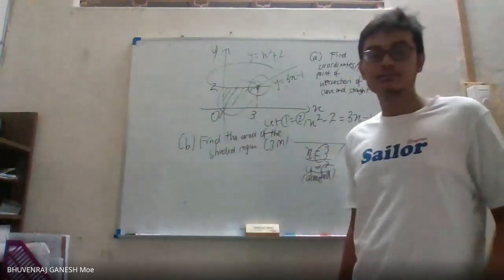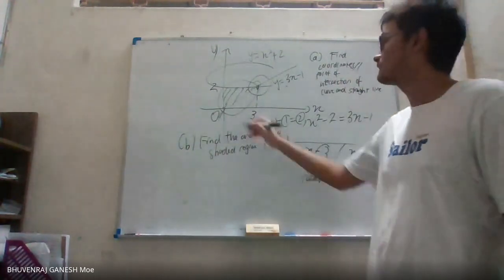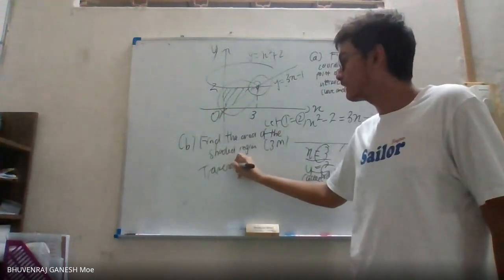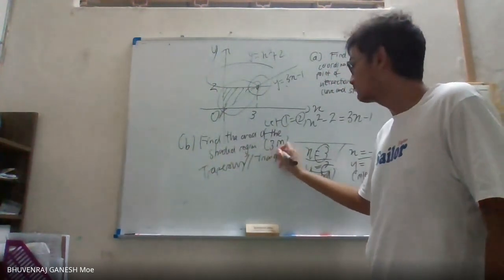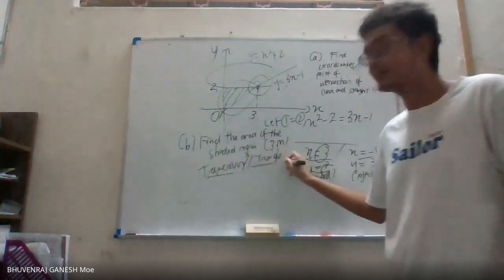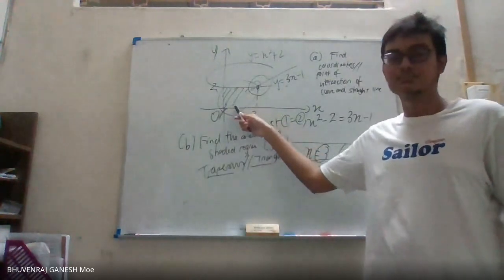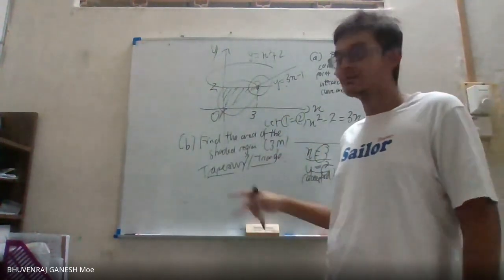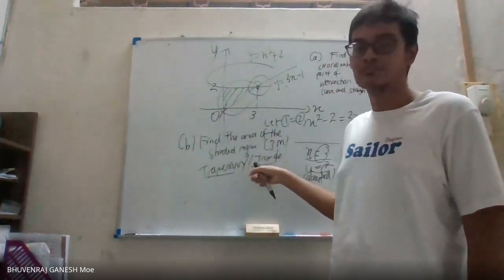When you find the shaded region, you must recognize the pattern of the shaded region. Common ones are a trapezium or triangle. When you realize this, you can use the formula of a trapezium or triangle to find the area of the shaded region. You don't necessarily need to use integration. So that is your escape route. If you don't know how to find the answer via integration, use this escape route.